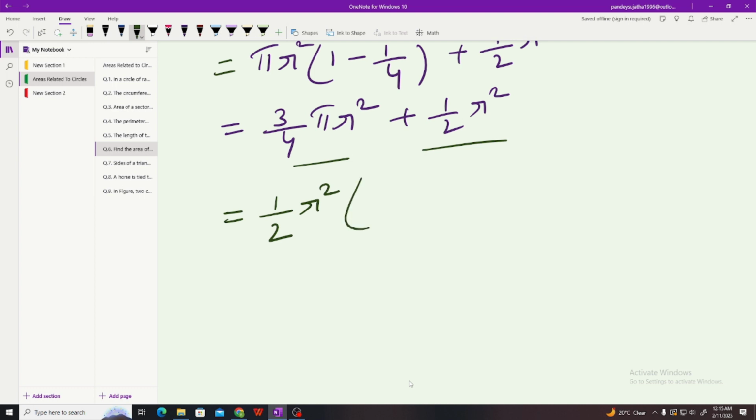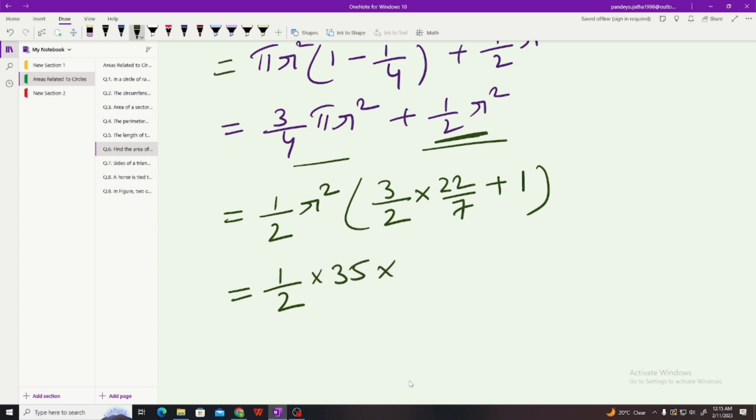r square common out. So we are left with 3 upon 2, and the value of pi is 22 upon 7 plus, since half r square has come out, we are left with 1 here, half into radius is given here as 35.